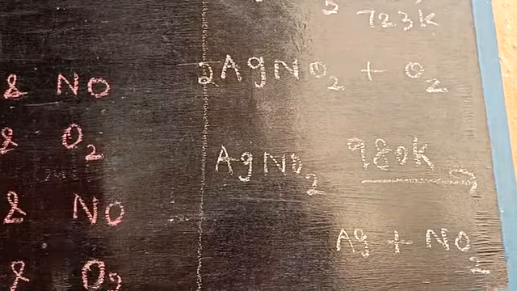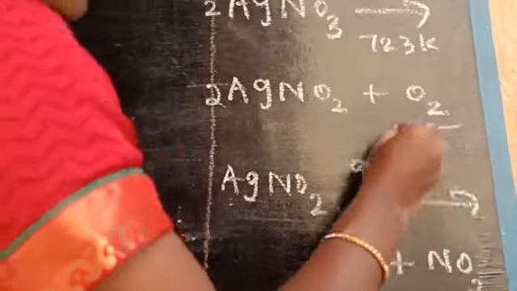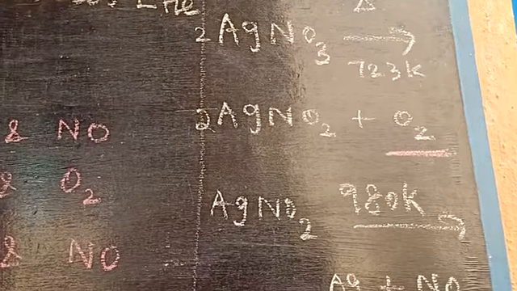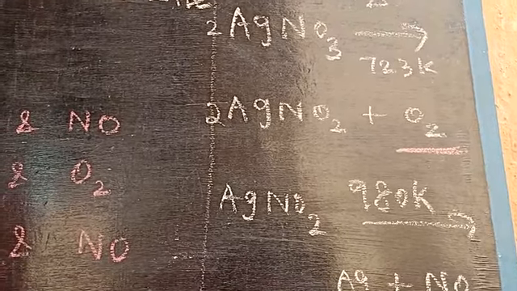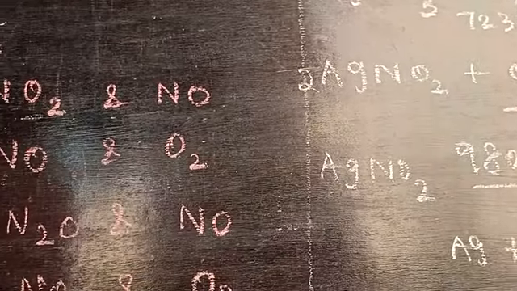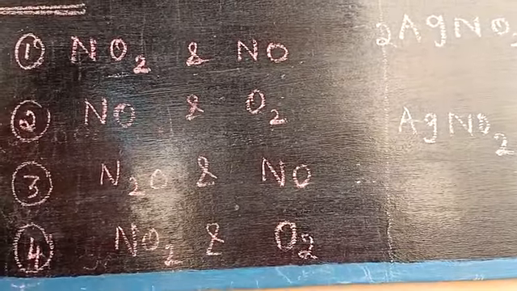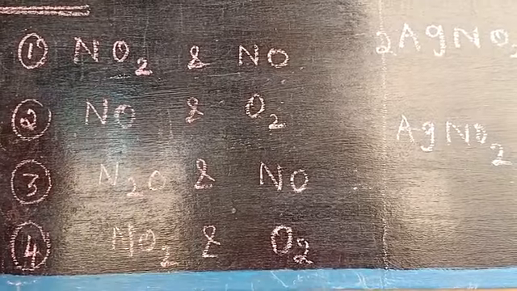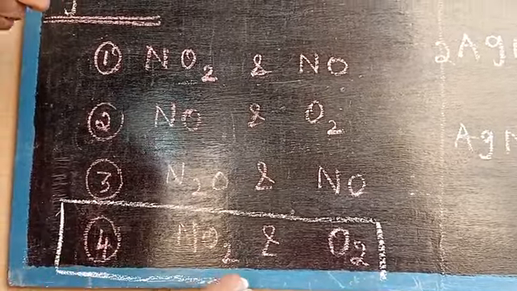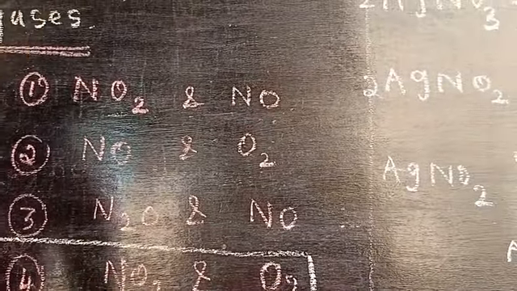So what are the gases? Oxygen gas and NO2 gas. So now see the options: NO2, NO, N2O, NO and NO2 and O2. So what is the correct option? NO2 and O2. So the answer is the fourth option, NO2 and O2.